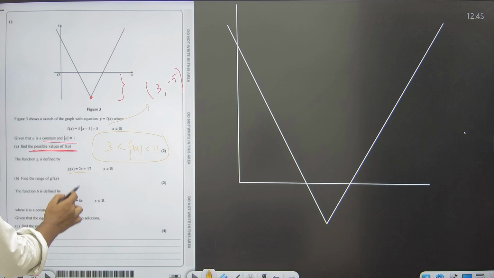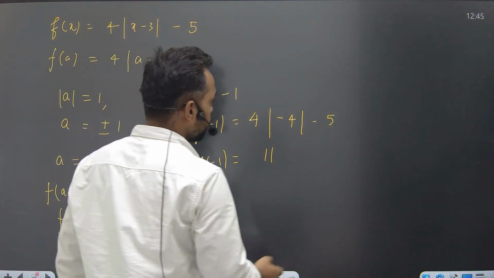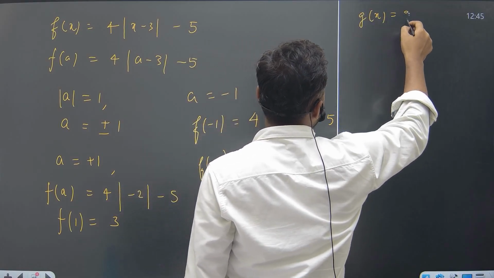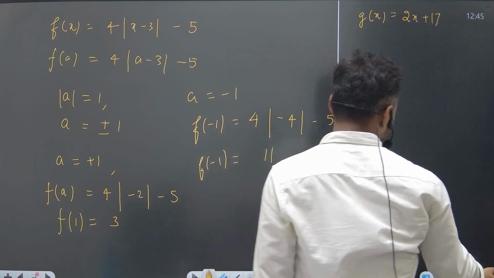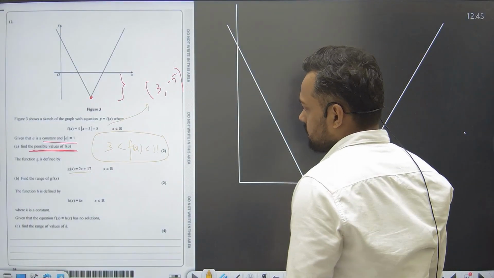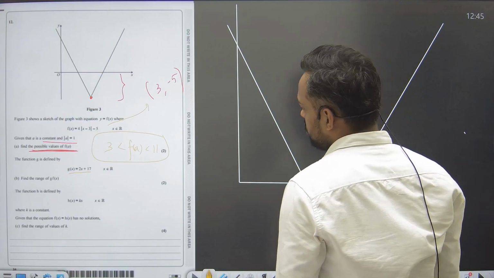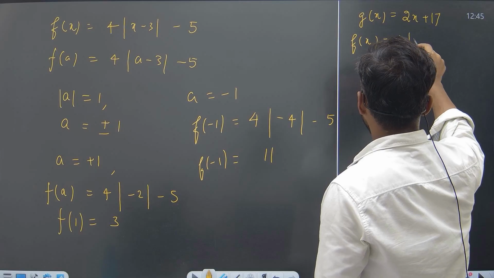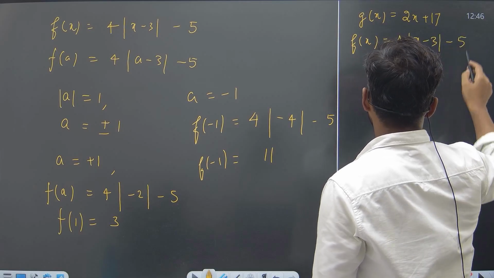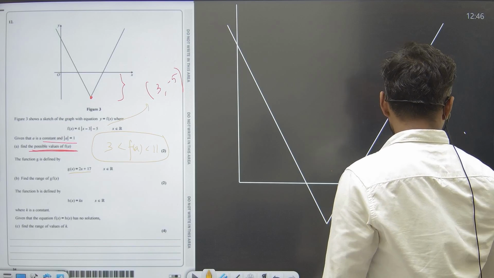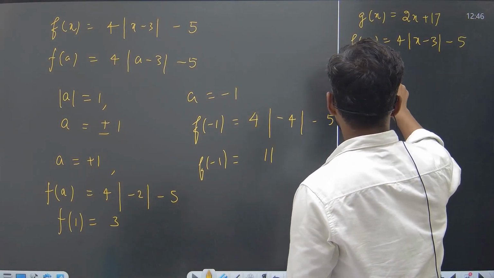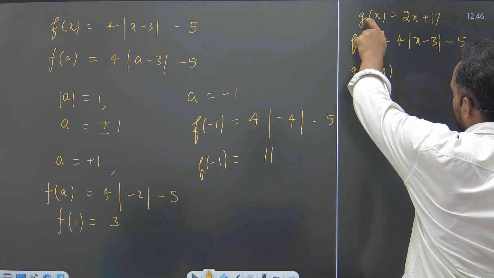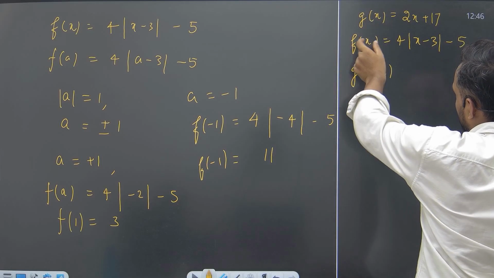Okay, so g(x) is given by 2x plus 17, students, and we need to find the range of g(f(x)). f(x) was 4 times modulus of x minus 3, minus 5. So for g(f(x)), what we need to do is replace the value of x in g(x) with f(x).